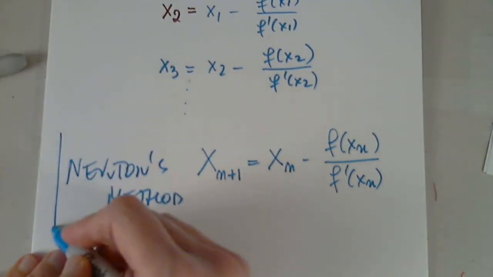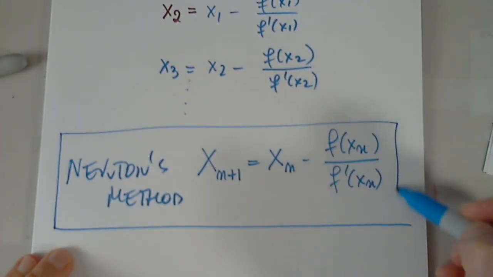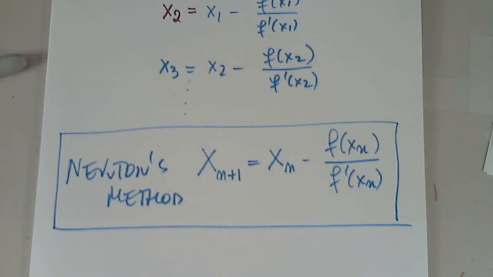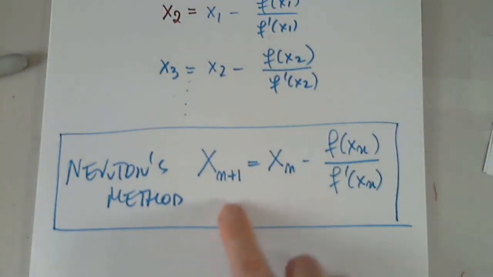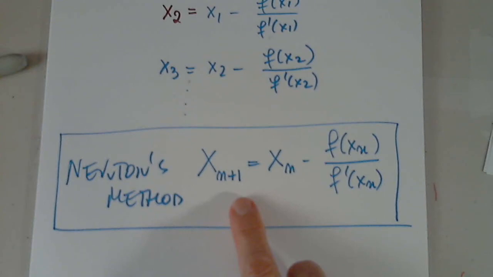And this is Newton's method. That's what he did. He drew tangents and tangents, closer and closer. So these are the iterations. First, second, third, n plus first iteration.